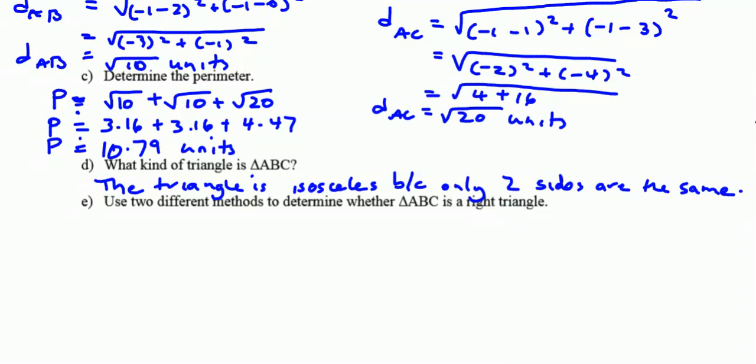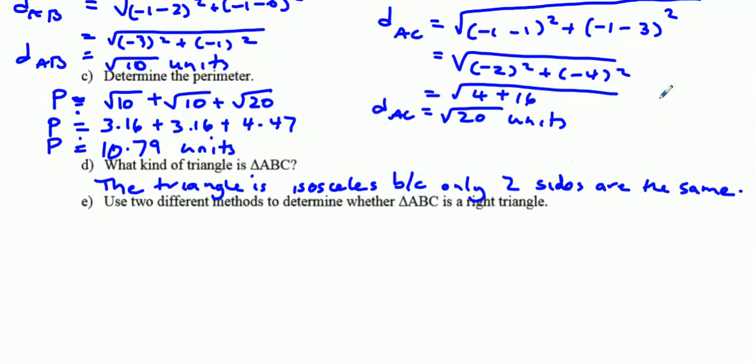I had to put the word only in there because if just 2 side lengths are the same and you don't know the third side length, you can't conclude that it's isosceles.